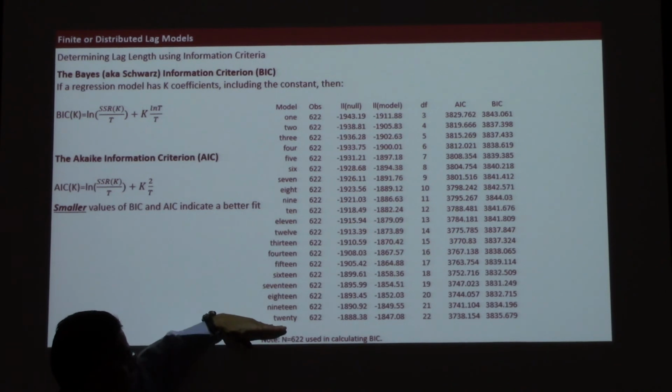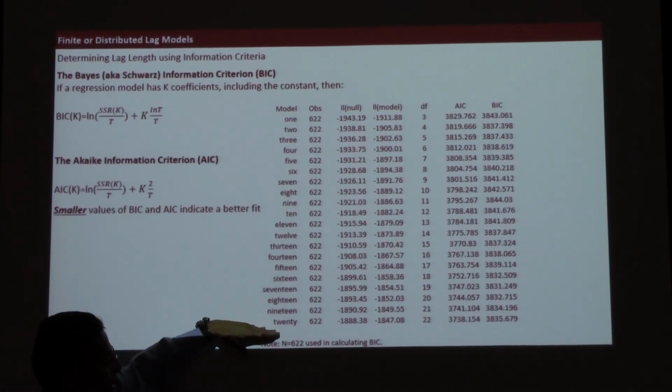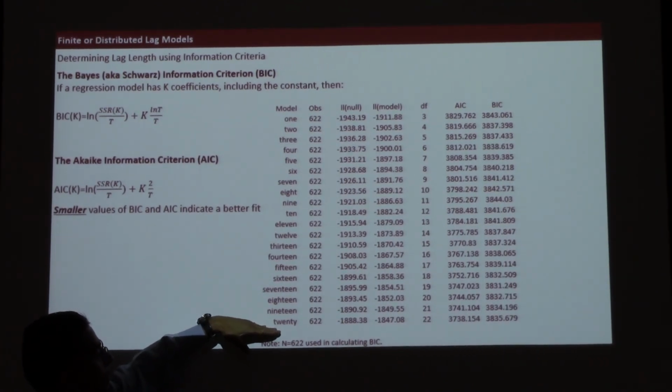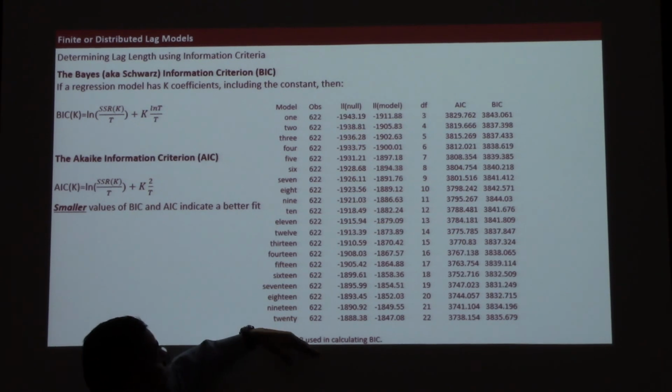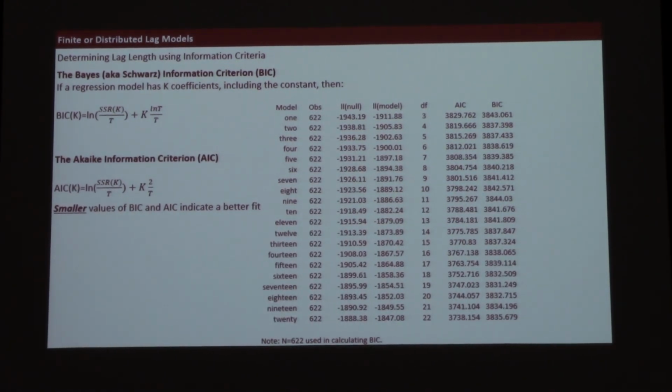So even though our 20-period lag model, and it's a lot of lags, uses the least amount of data, we have to use that sample size for all the other models also. And there's a way to specify this in Stata. So it's just a formality. So we have to use the sample size of the longest lagged period, which is going to be the smallest sample size.